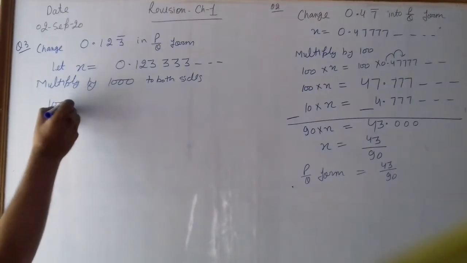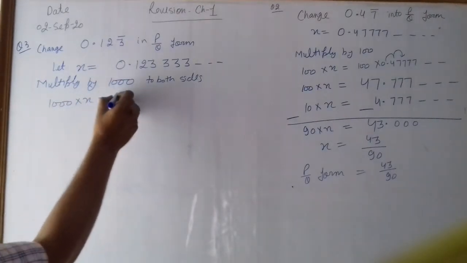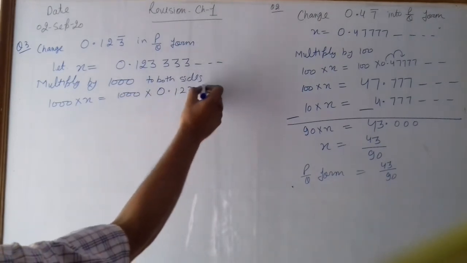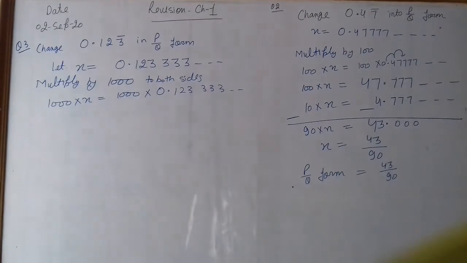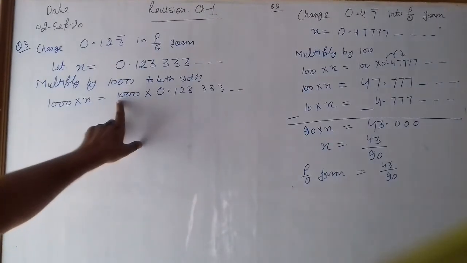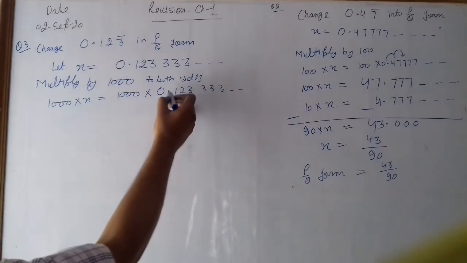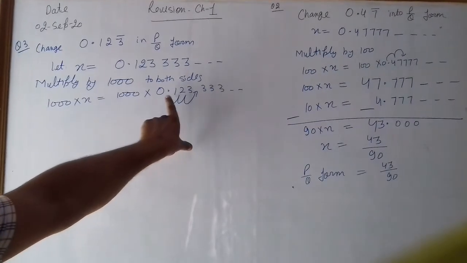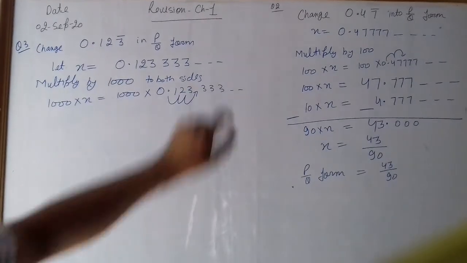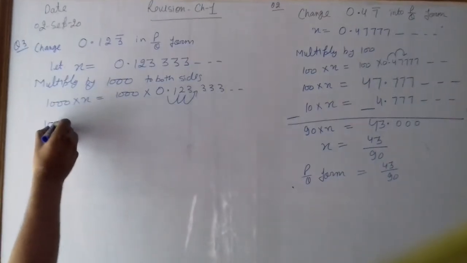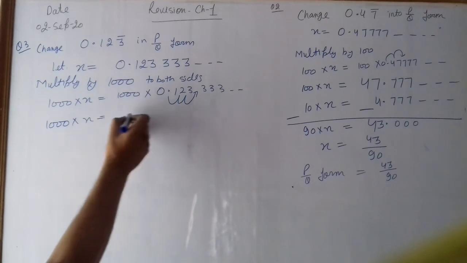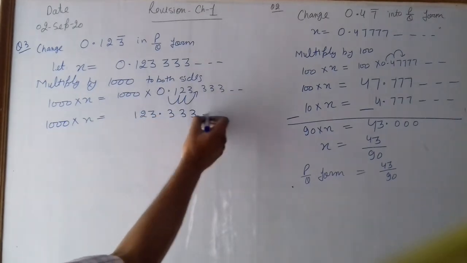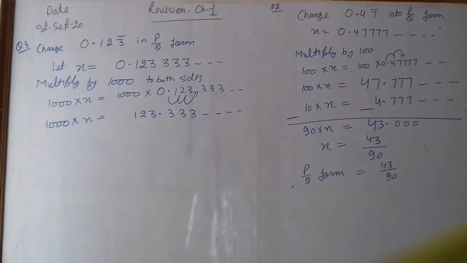So 1000 into x is equal to 1000 into 0.123333, right? So see, 1, 2, 3 zeros are here, so the point will shift 1, 2, 3 places. So we have 1000 into x is equal to 123.333 and so on. Clear, students?